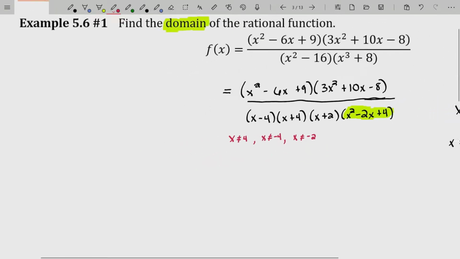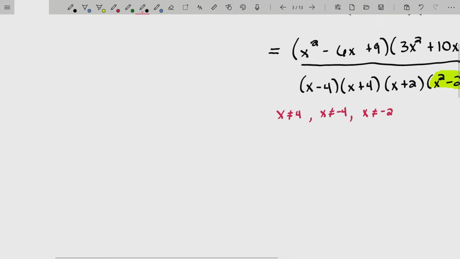So you will go ahead and say, okay, the domain, let me actually write it here, domain. There's a couple ways you could actually do it. I'm going to say x is allowed to be in the interval. Well, I can go from -infinity all the way up to the lowest of those three numbers, which is -4.